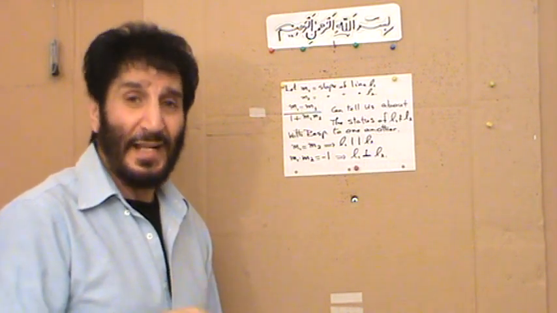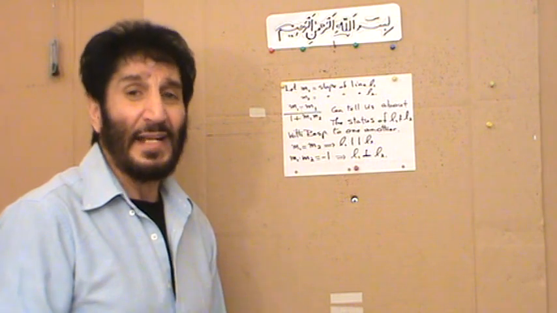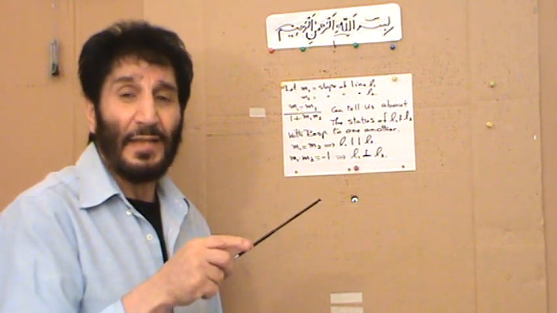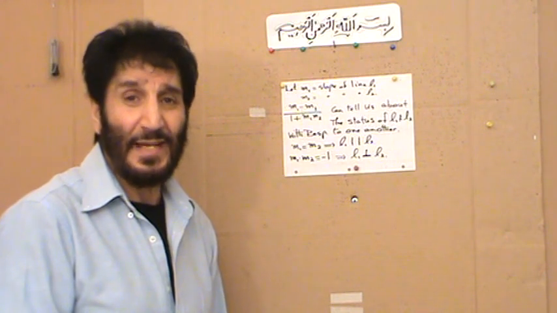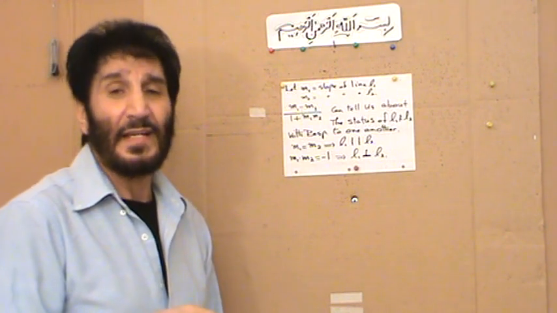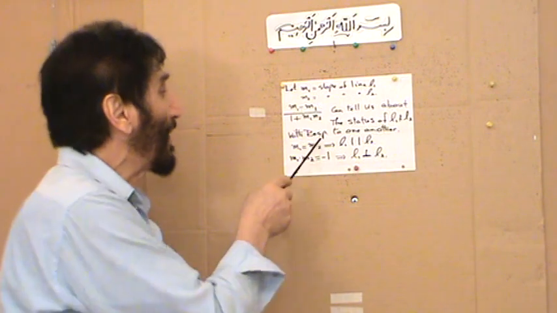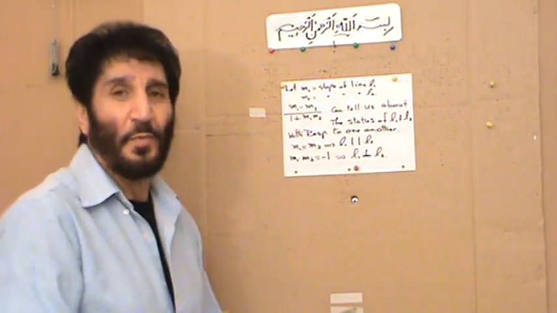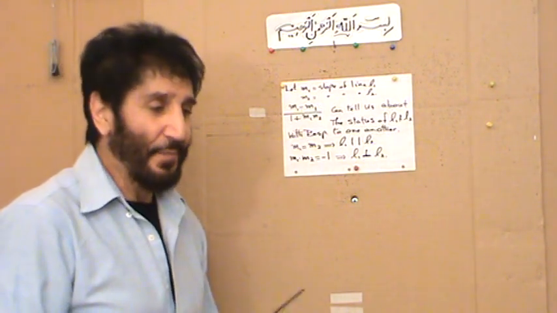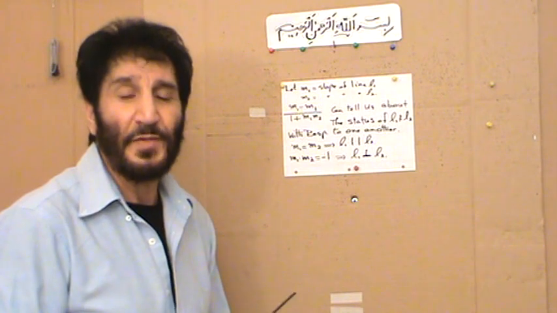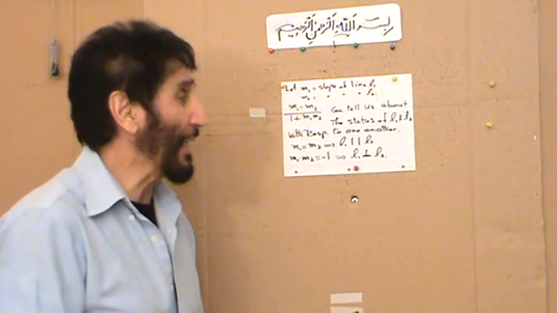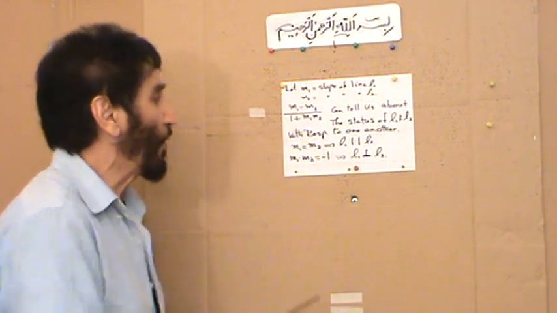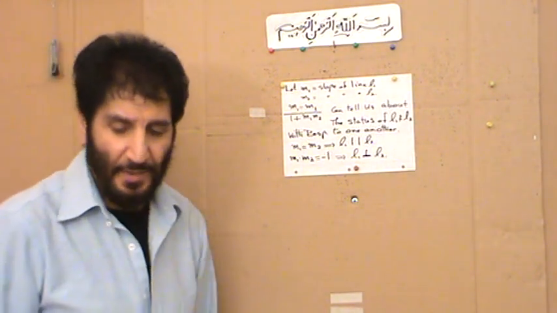Or are they intersecting? And if they intersect, are they perpendicular to one another, or do they intersect without being perpendicular? This fraction tells us all about the status of the two lines in a coordinate system, in coordinate geometry. So I have written it for you. You can pause it and write it.